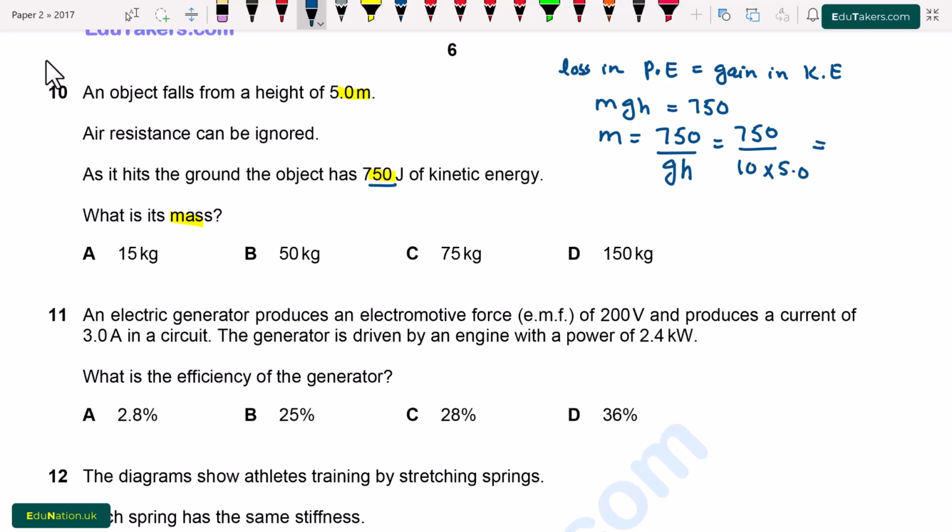So mass will be equal to 15 kilogram. Now we see the options. Option A 15 kilogram, B 50 kilogram, C 75 kilogram, D 150 kilogram. From here, option A is correct.